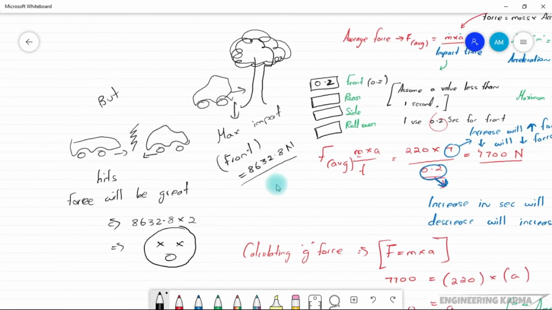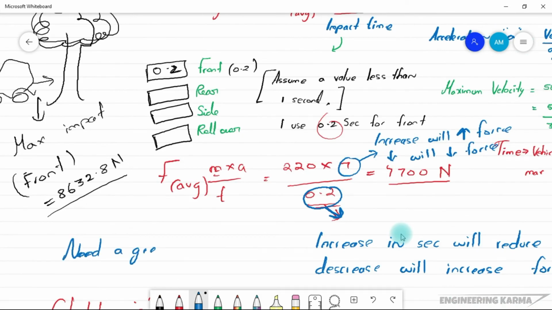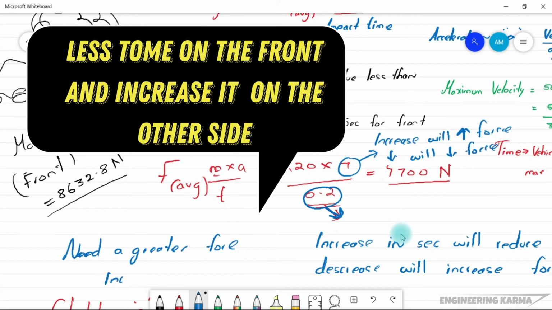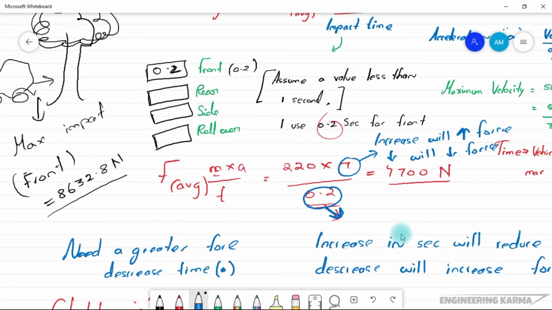I have seen people give a lesser impact time duration for the front and a greater impact time duration for the other sides. As we know, a decrease in impact time will increase the impact force. Let me reduce the impact time and see the result.